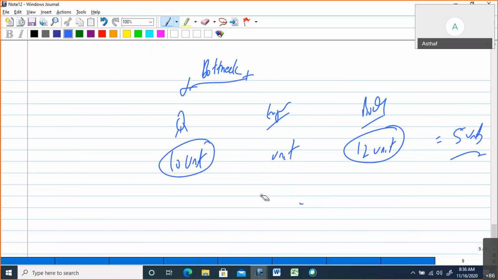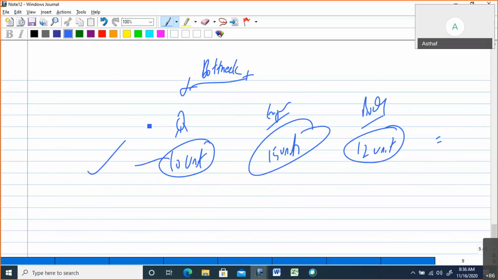Suppose we make the engine 15 units. Can we make 15 or no? We cannot make 15. We can make only 10. Why? Very simple.